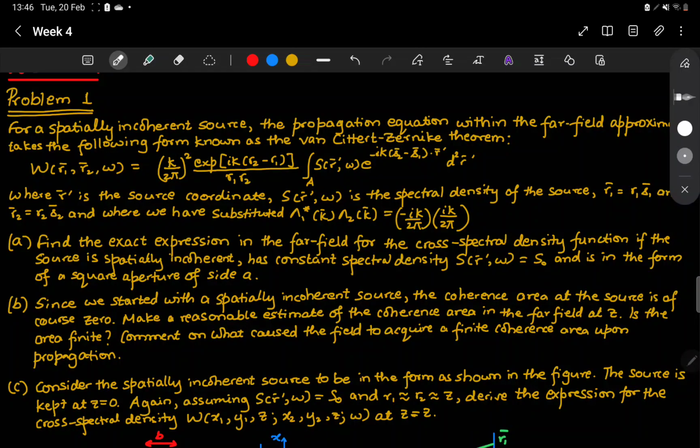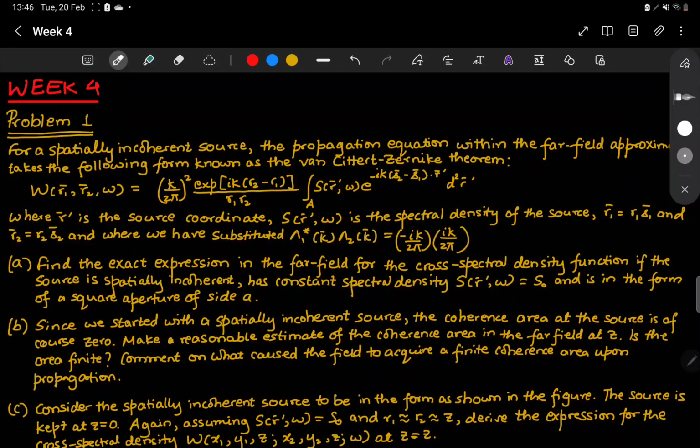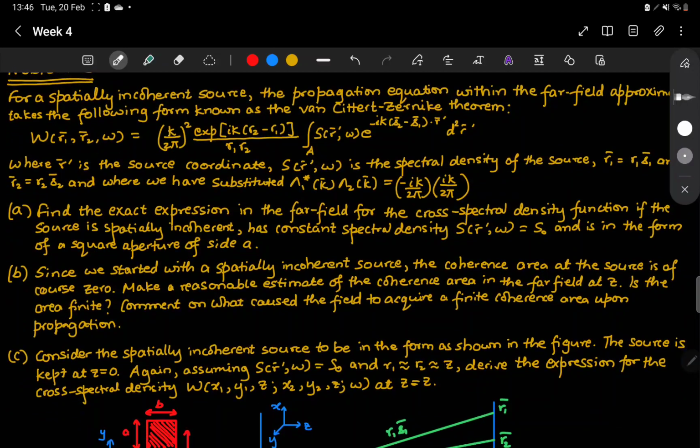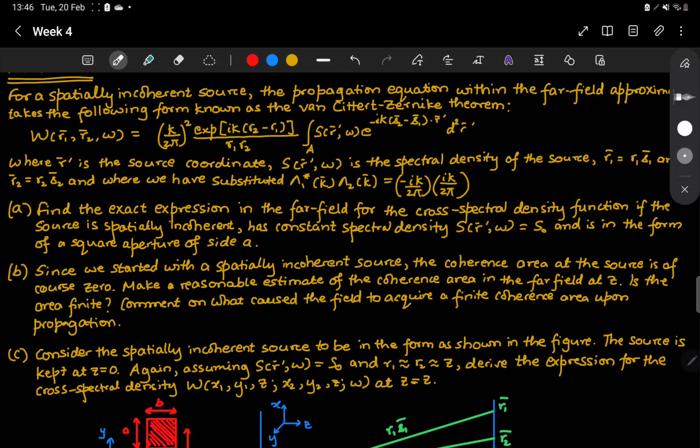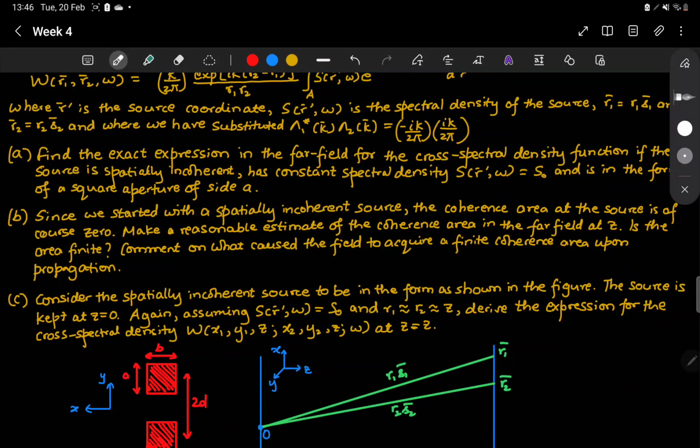So, this is for the propagation of the cross-spectral density function, where r prime is the source coordinate, S is the spectral density of the source, and then based on this theorem, we are supposed to solve these 3 parts to this question.